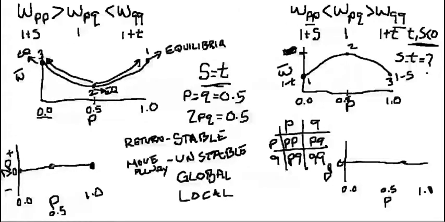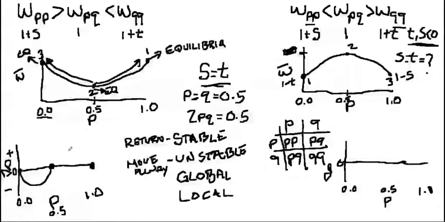So I'm going to have negative delta p values for everything between 0 and 0.5. And I represent that by showing my line being below the value of delta p equals 0.